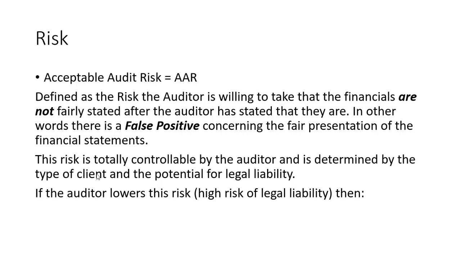Type of client meaning, is it an SEC client? Is it a private client? Is it a big company? Is it a small company? And what is the potential for me, if I screw this up, getting sued? If there's a sensitive kind of client, like an SEC client, with a high risk of legal liability, meaning we have a good chance of being sued, then we want to do what to the risk?